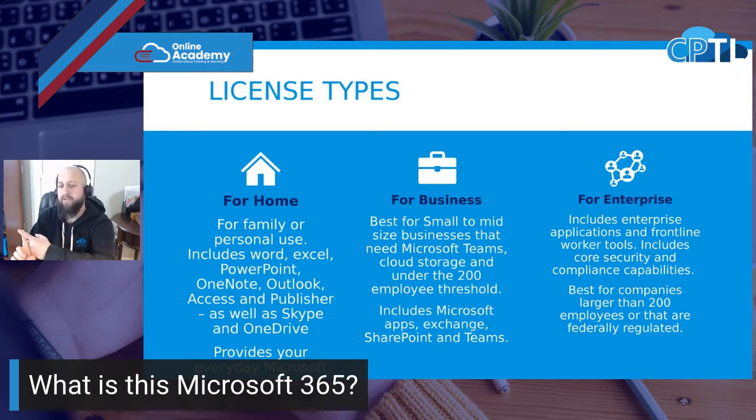It also includes Microsoft Exchange, which is email, SharePoint, which is document storage and some intranet functionality, and then Microsoft Teams, which, if you haven't been paying attention to your TV over the last couple of years since COVID, is a video conferencing application as well as a chat application that you can use to communicate with members internal to your environment as well as external to your environment. It's great for businesses. It introduces Teams chat, so if you have specific divisions within your organization, you can communicate with them as well.